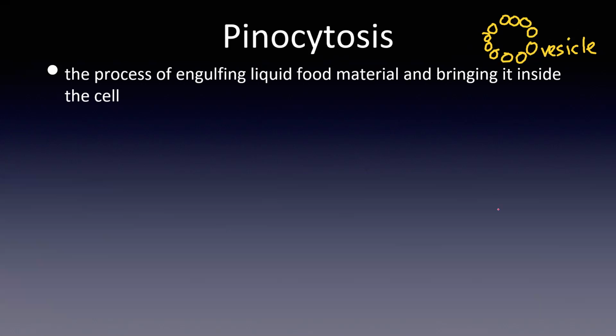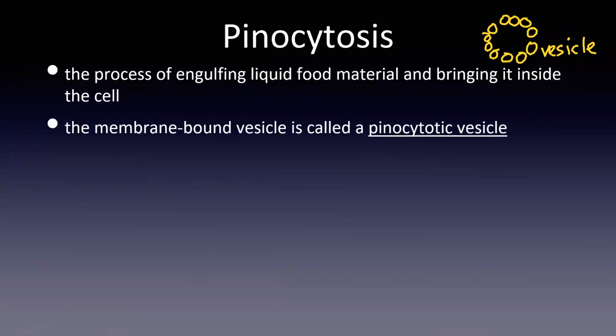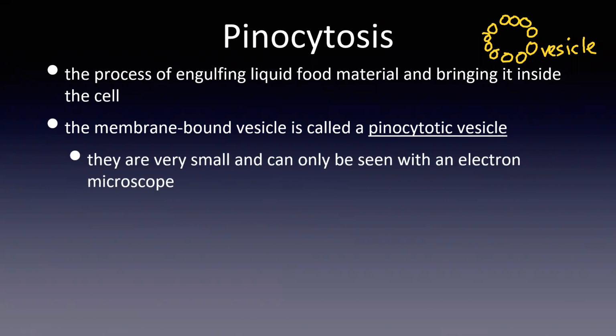And for pinocytosis, the membrane-bound vesicle is called a pinocytotic vesicle. These are very small and can only be seen with an electron microscope.